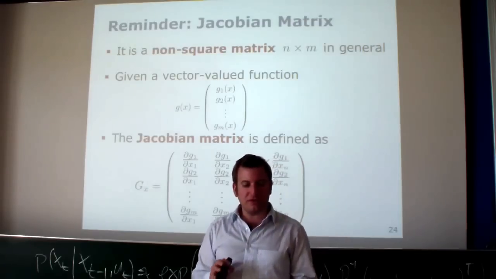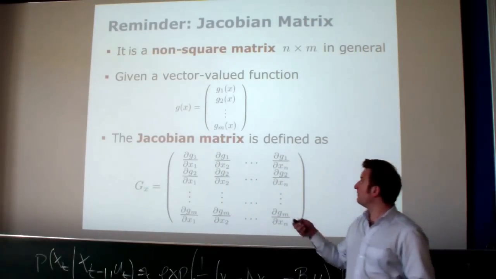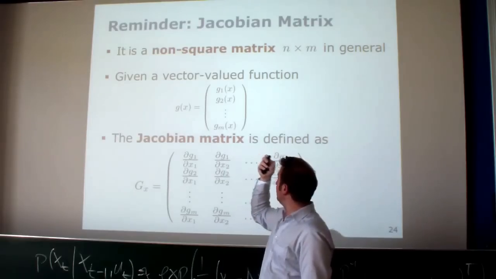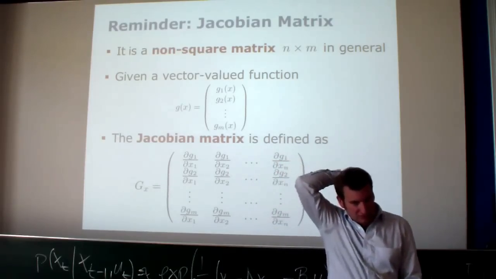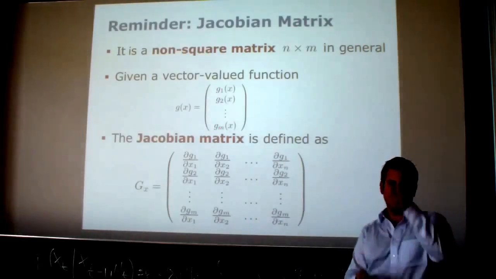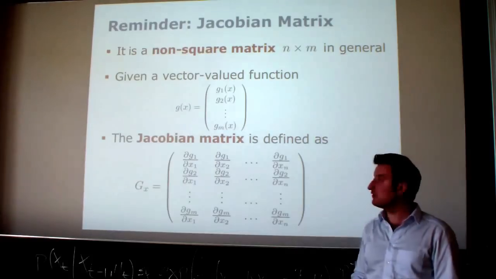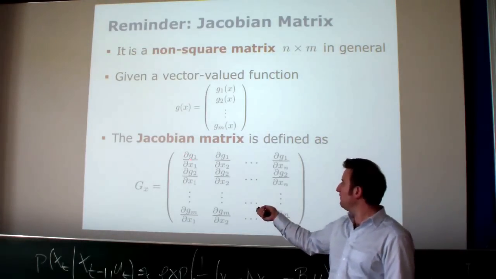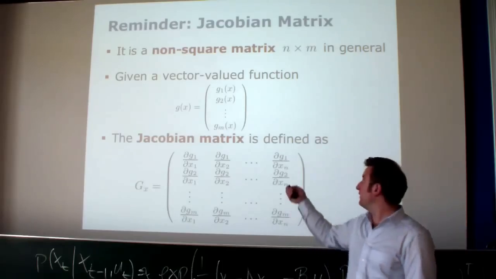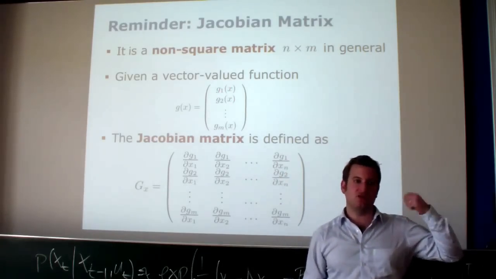Just for those of you who may have forgotten what the Jacobian is: you have a function G, which has the components G1, G2, up to Gm, and this x can also be a higher-dimensional input of the function. The Jacobian matrix is defined by the partial derivatives of the individual components of this function G with respect to the individual dimensions of the value x.